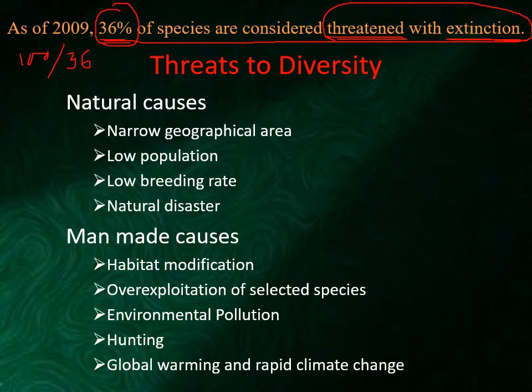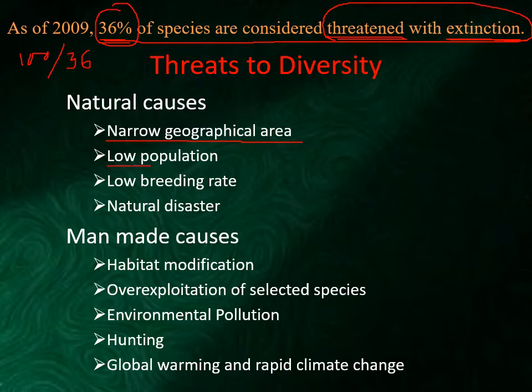So no new varieties come, such that whenever the condition is changing, as the gene pool is restricted, the species is not able to cope up with that changing environment. So that is the problem of narrow geographical area.